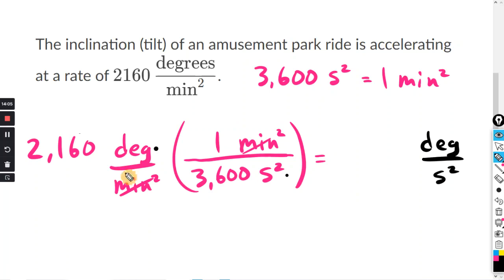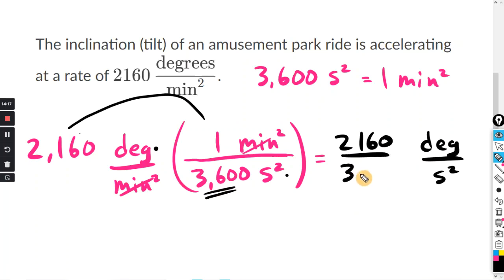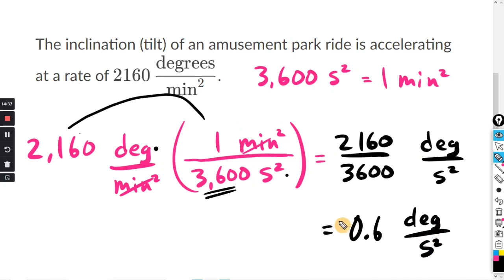And now on to the numbers. Numerator times numerator, 2160 times 1. That's just going to be 2160. And in the denominator, just one number, 3,600. Okay, I'm going to do this one on the calculator and just see what happens. And I get 0.6. Okay, as long as you don't get a repeating decimal, you can leave your answer in decimal form. And the units, once again, are degrees per second squared.